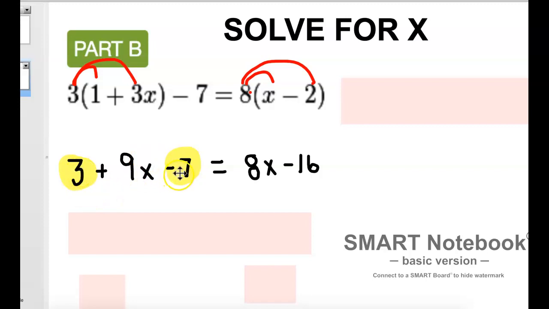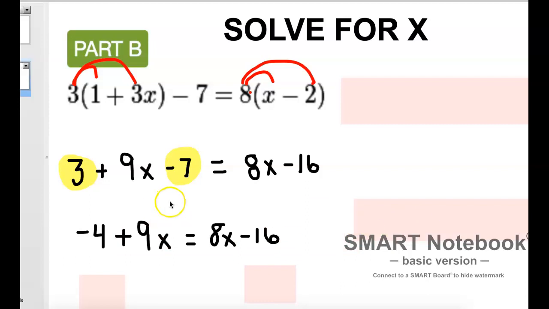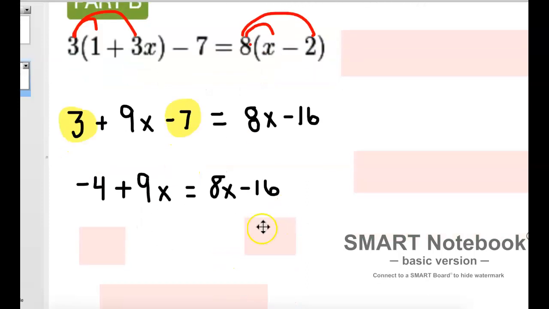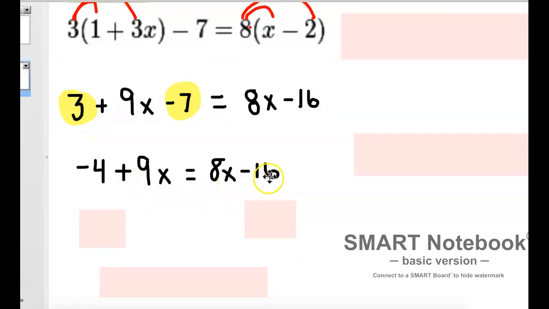So 3 minus 7 is going to give us negative 4, and then we just bring down the plus 9x. On the right-hand side of the equation, we don't have any like terms that we can combine because 8x and negative 16 are not like terms. They don't have the same variables, so we're just going to bring down the right-hand side of the equation. And now we have negative 4 plus 9x is equal to 8x minus 16.